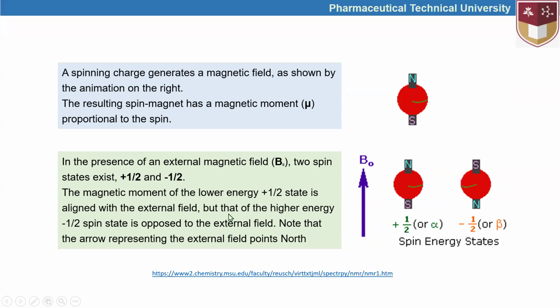Yeah, and that of the higher energy, the minus 1/2 spin state, is opposite to the external field. Note that they are representing the external field, the north.